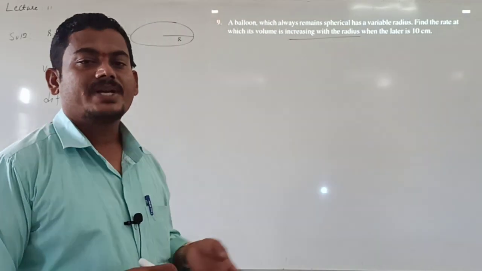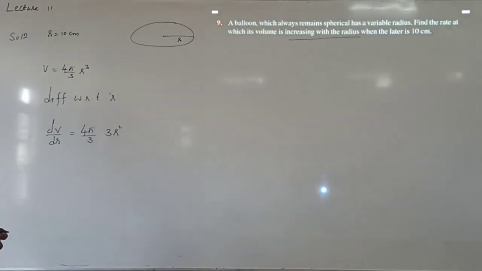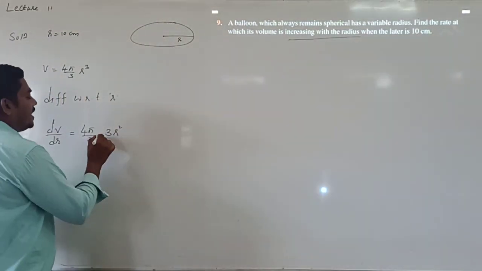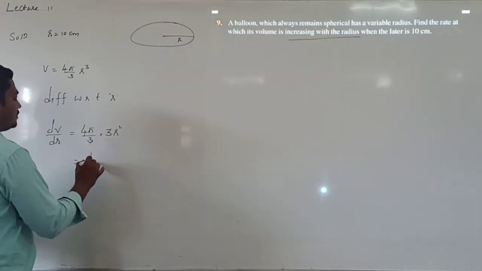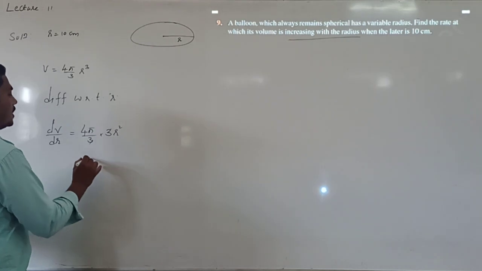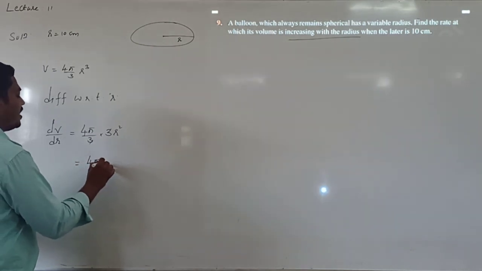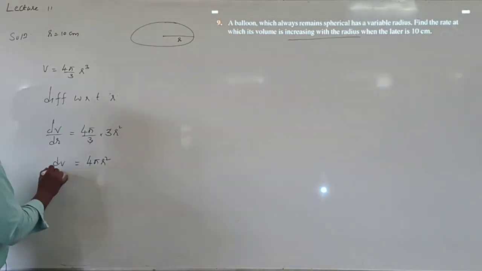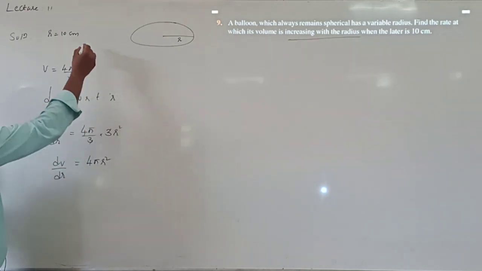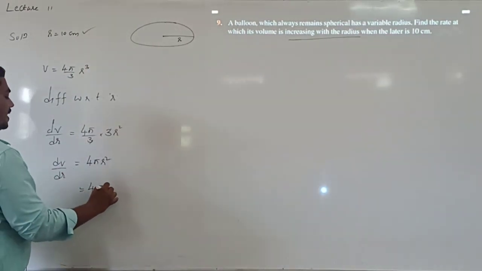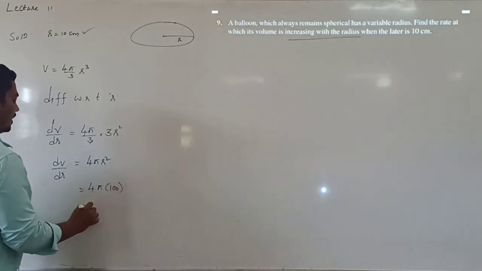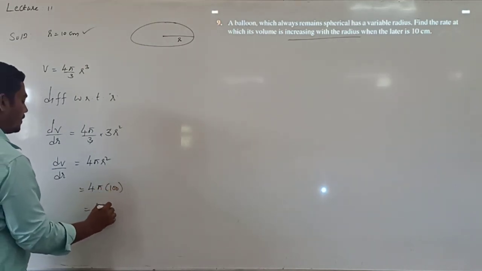But here we are differentiating with respect to r only. 3 gets cancelled. That is dV by dr equals 4 pi r square. The r value is already given, so 4 pi into 100, that is 400 pi.